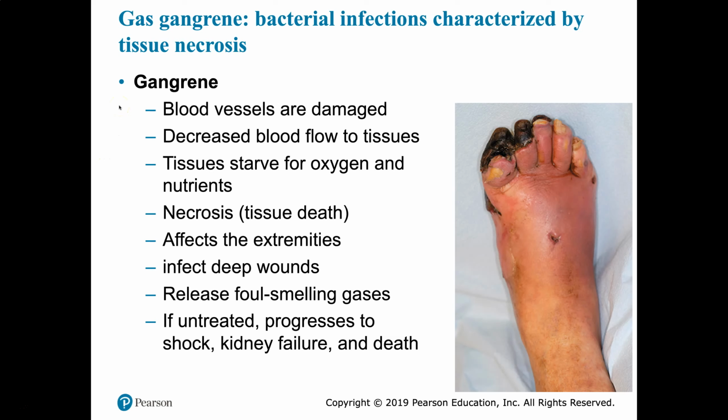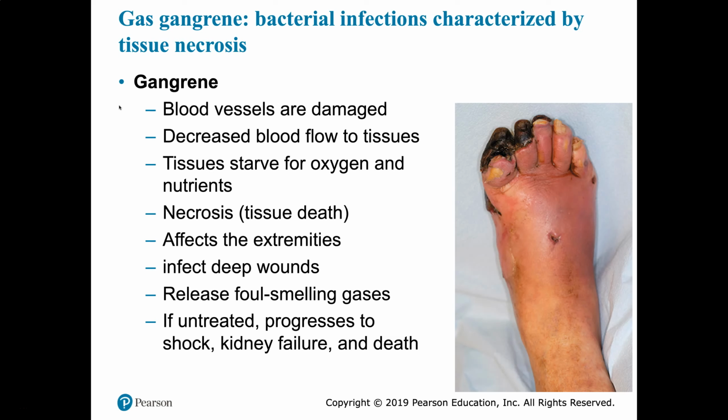There's a couple different ways to describe gangrene, but we're going to focus on Clostridium perfringens. That's the organism we're going to focus on. It's usually that organism that causes gangrene.